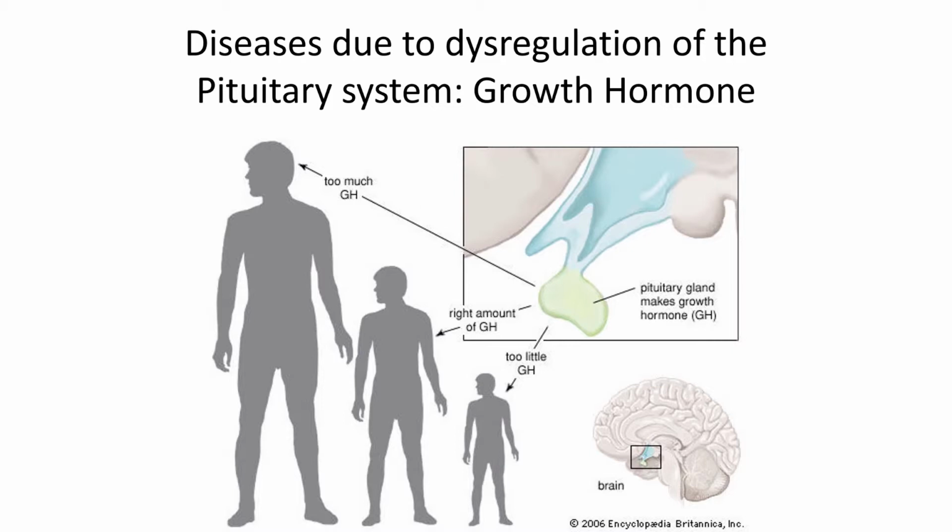Basically, growth hormone is what controls how big you are. The less growth hormone you have when you're developing, the shorter you'll be. The more you have when you're developing, the taller you'll be. Our bodies want to control that, and as long as it works right, you'll be in the average size range, somewhere between 5'6" and 6'2" or so.